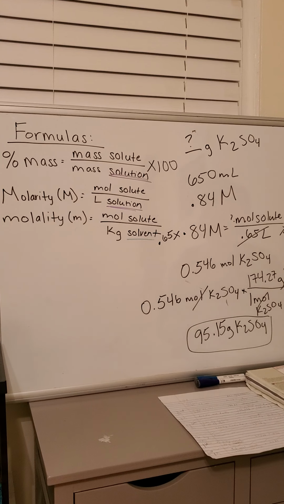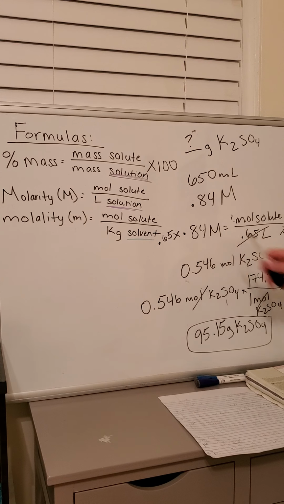So back to the question, it's saying how much weight of K2SO4 would you have to measure out in order to have 650 milliliters of a solution of 0.84. This is how much you would weigh. Now, you guys have used hydrochloric acid and a few other things, and on the containers, it gives us that big M. Basically, it's a concentration. Remember in the PowerPoint, we had talked about concentration of something.